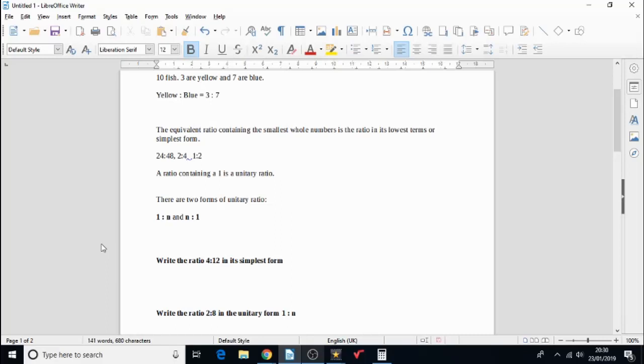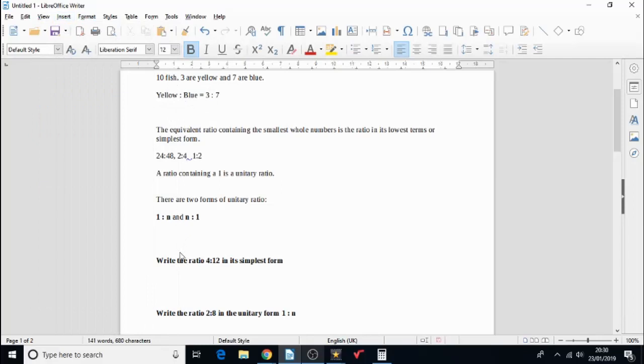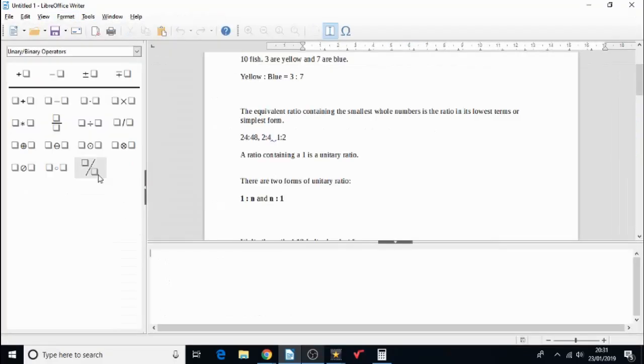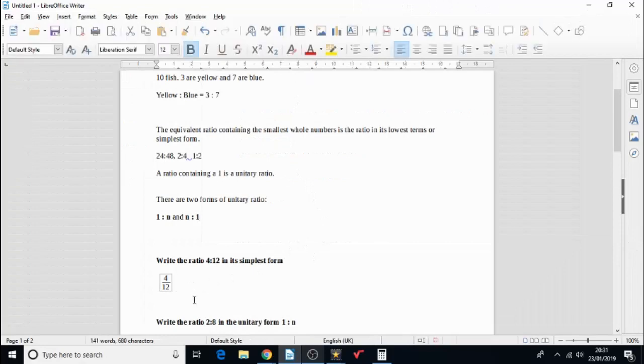Write the ratio 4 to 12 in its simplest form. When you're trying to write in the simplest form, see it like a fraction. See it as writing 4 over 12, and you cancel down accordingly.